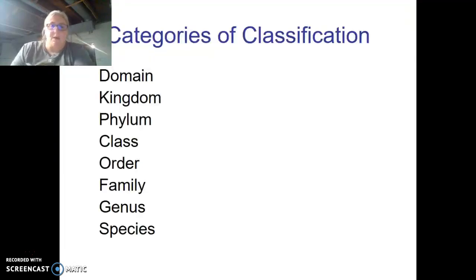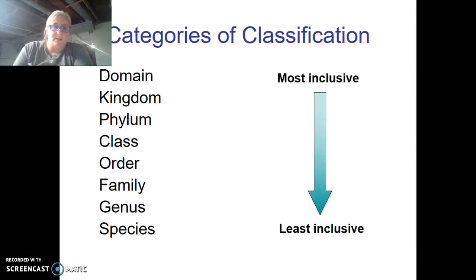And so this is our classification from most inclusive to least inclusive. The domain takes all the organisms that fit in the same group. So our domain, Eukarya, contains all the protists, plants, algae, fungi, animals.